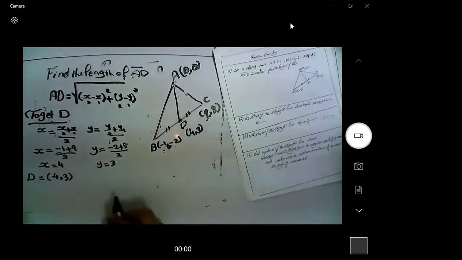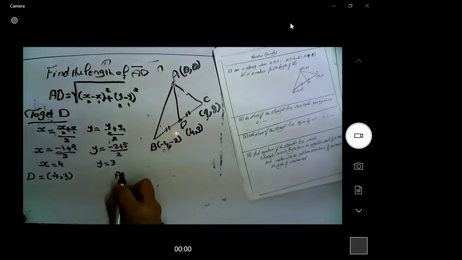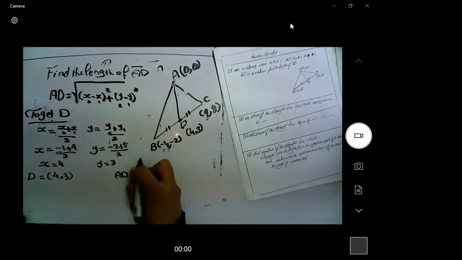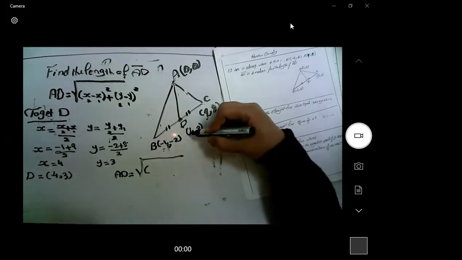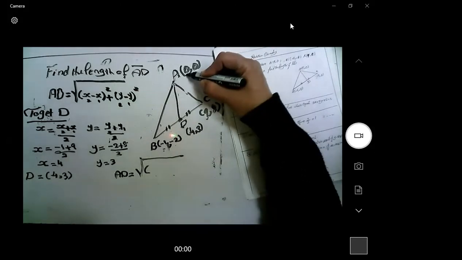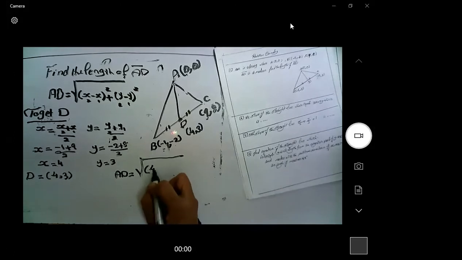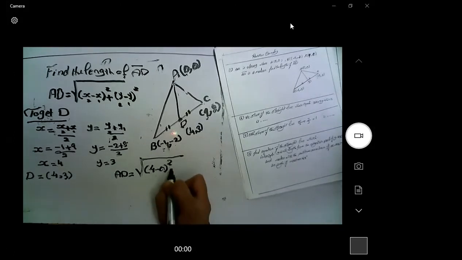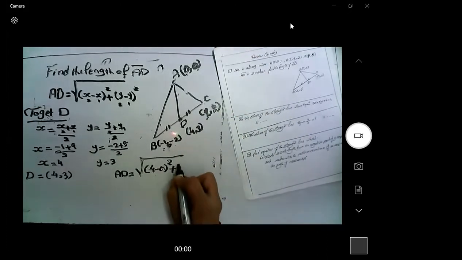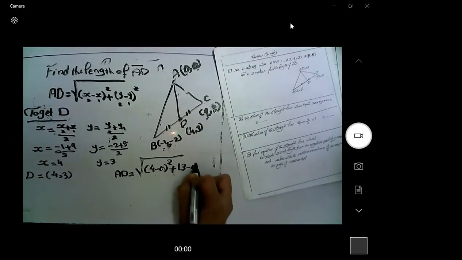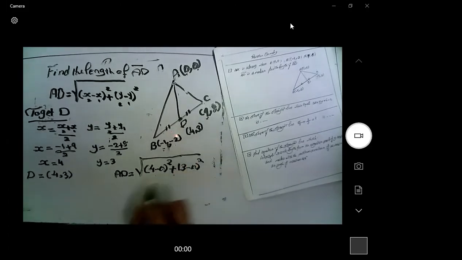Use the distance rule: AD equals the square root of (x2 minus x1), x2 is 4 minus x1 which is 0, (4 minus 0) all to the power 2 plus (y2 minus y1) all to the power 2, (3 minus 0) all to the power 2. Then we will get the length of AD, which is 5 length units.